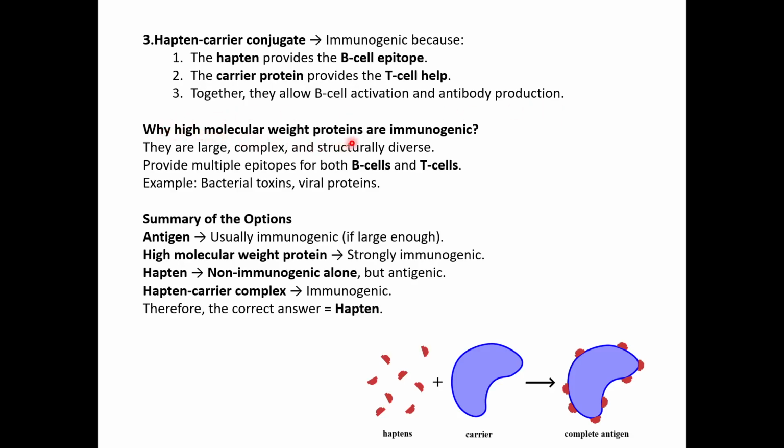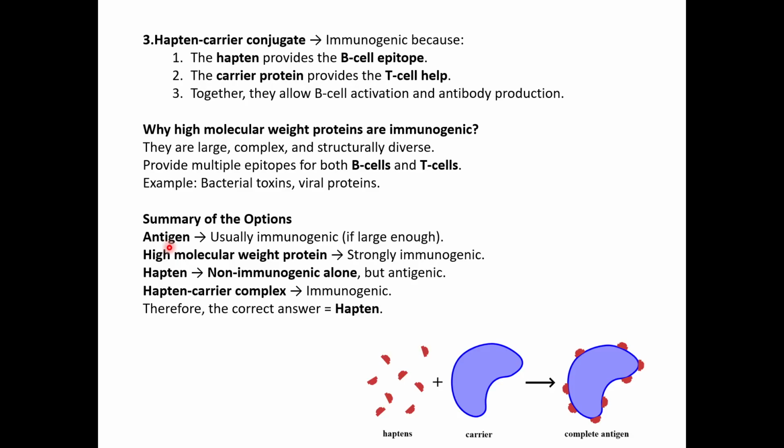So, why are high molecular weight proteins more immunogenic? When they are large and complex, they are structurally diverse. They can provide multiple epitopes for both B cells and T cells, so it helps the strong activation of both B and T cells. Examples are bacterial toxins, viral proteins, etc., which are highly immunogenic in nature.